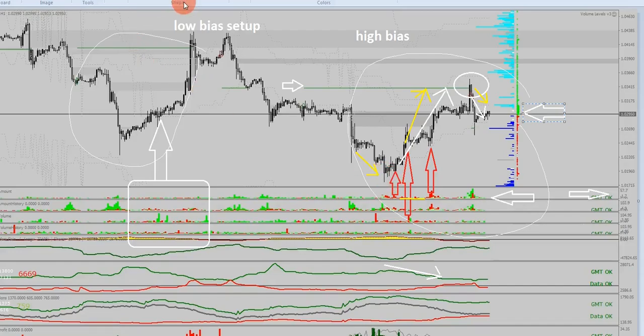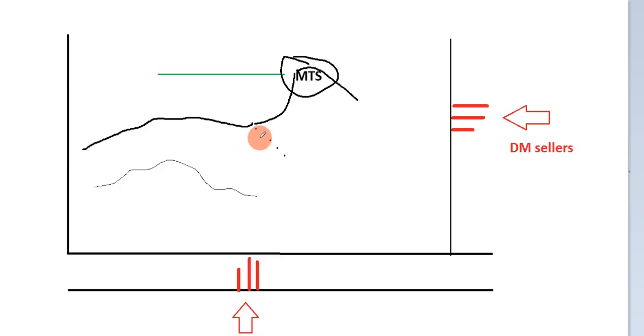In this case, once the longies were hunted away and shorties entered with this dumb money switch going on, then we knew we can trade towards the MTS. Isn't that beautiful? This is what the causality is really about. Okay, as I showed at the beginning of this video.